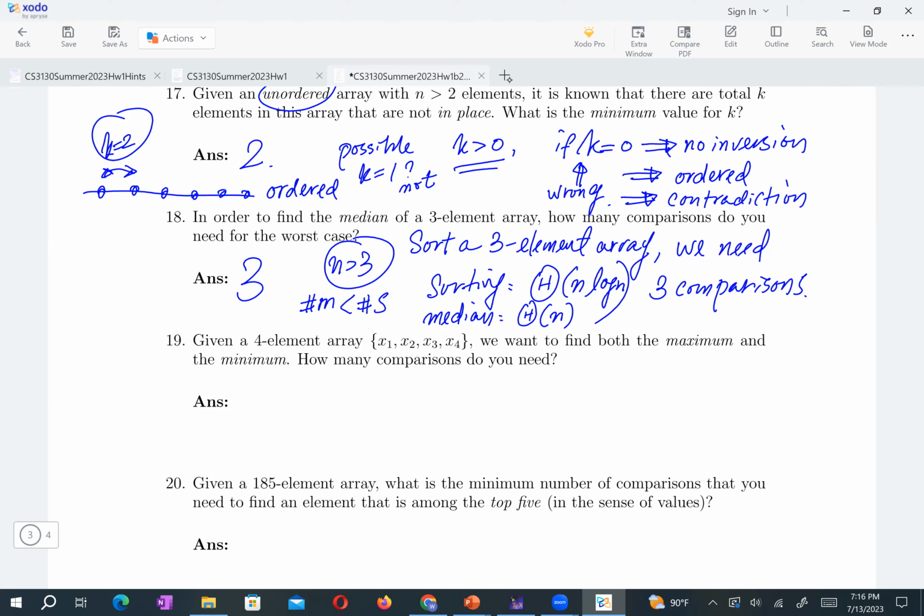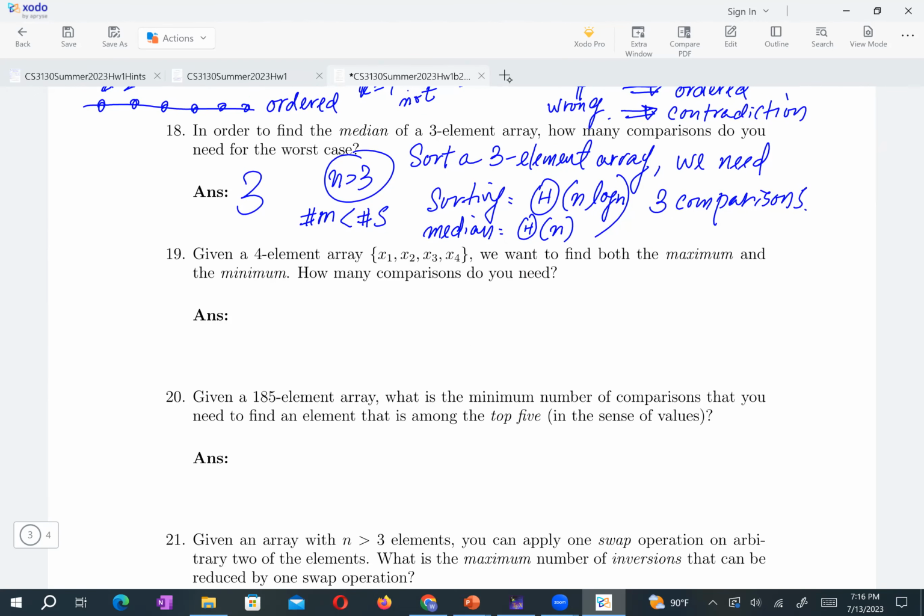But another thing for the median, when you have an even number of elements, what is the median? For odd, you know the one in the middle, right?